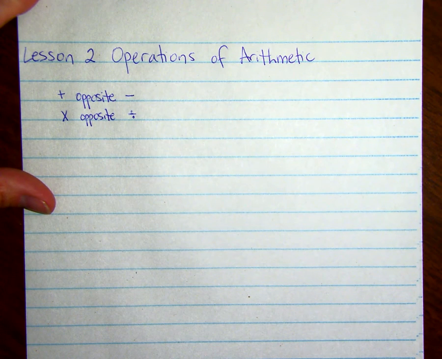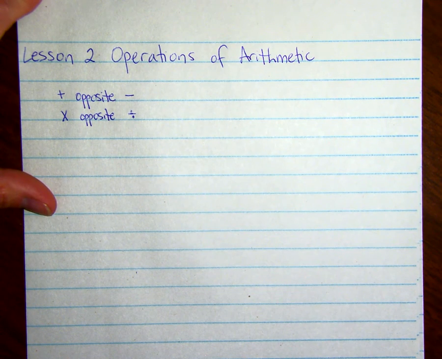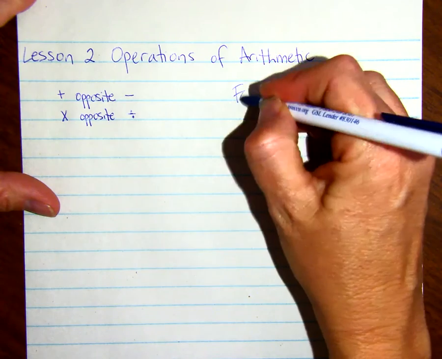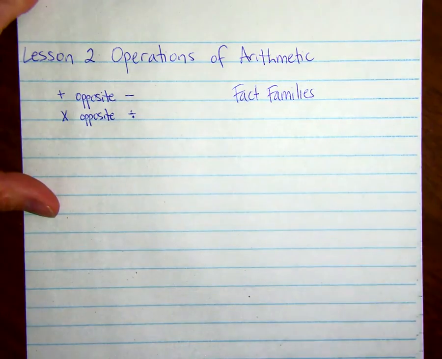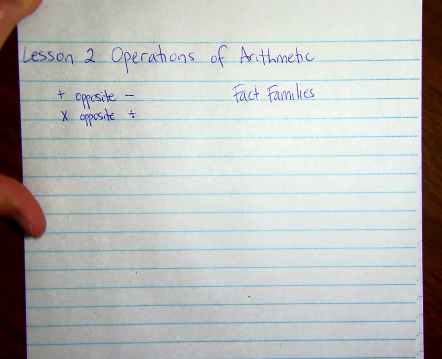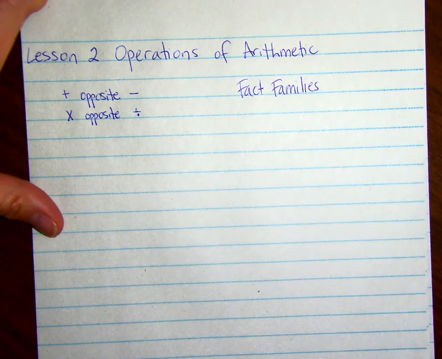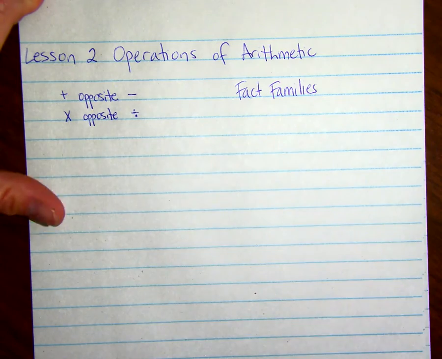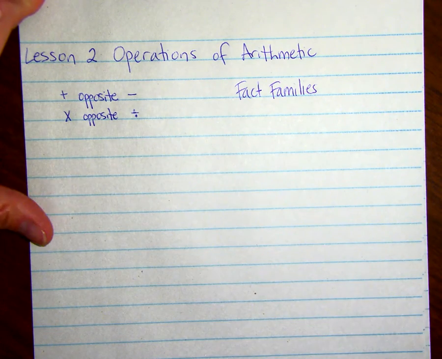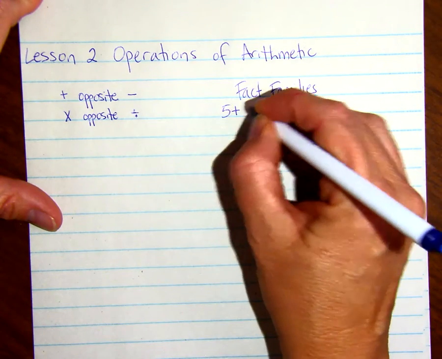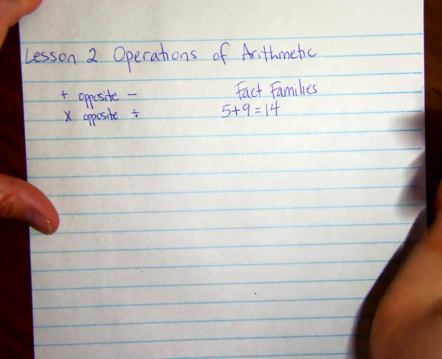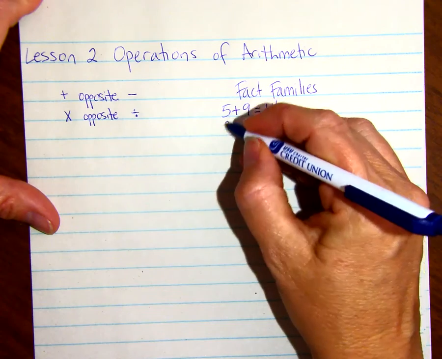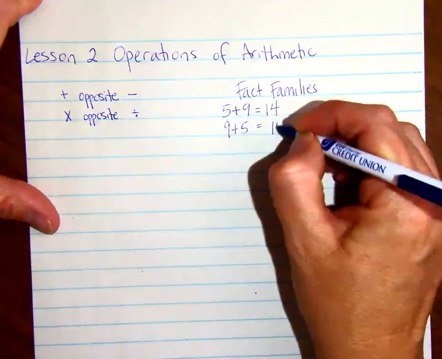And we have in math these things called fact families. I know that you guys have heard of these before, so I'm hoping that this is a review. A fact family is where you take three numbers and you use opposites. Let me show you an example. For instance, 5 plus 9 equals 14. And then you can switch the order of the adding. 9 plus 5 equals 14.